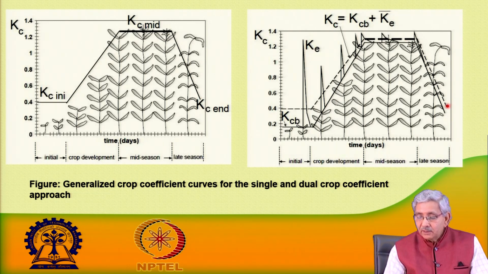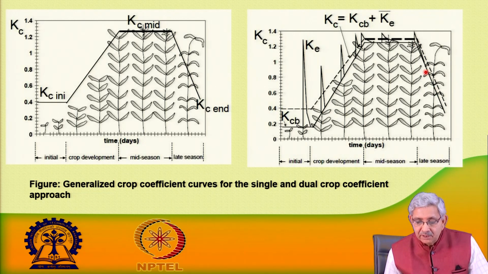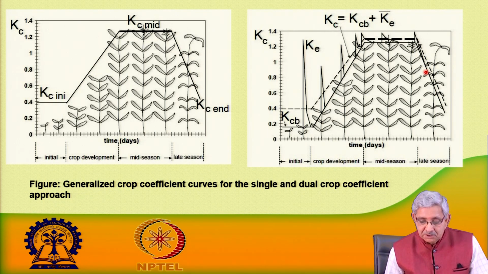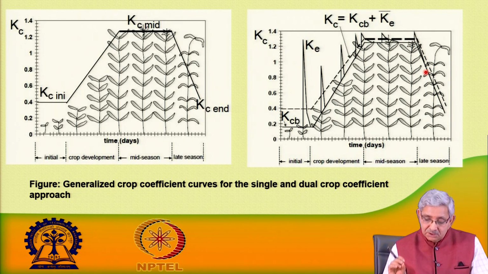So, in the mid season and late season stages, Ke is lesser as compared to the initial crop growth stage. This is important when the crop is in different growth stages, and one needs to take it into account while calculating.